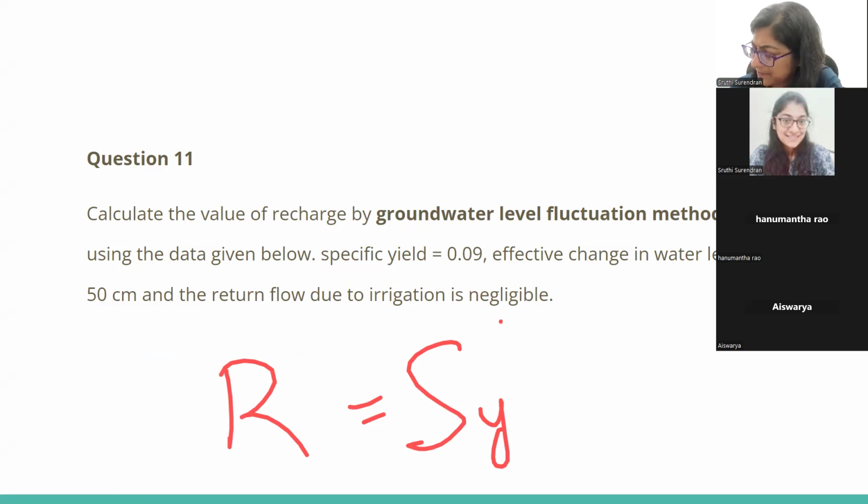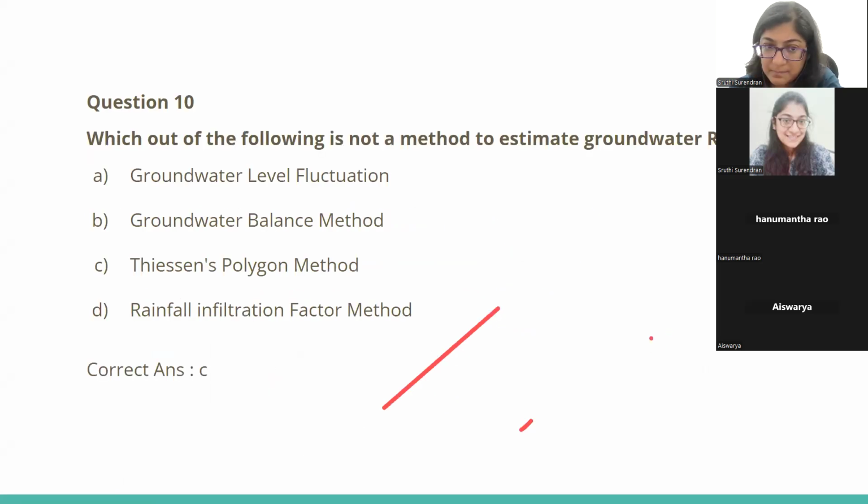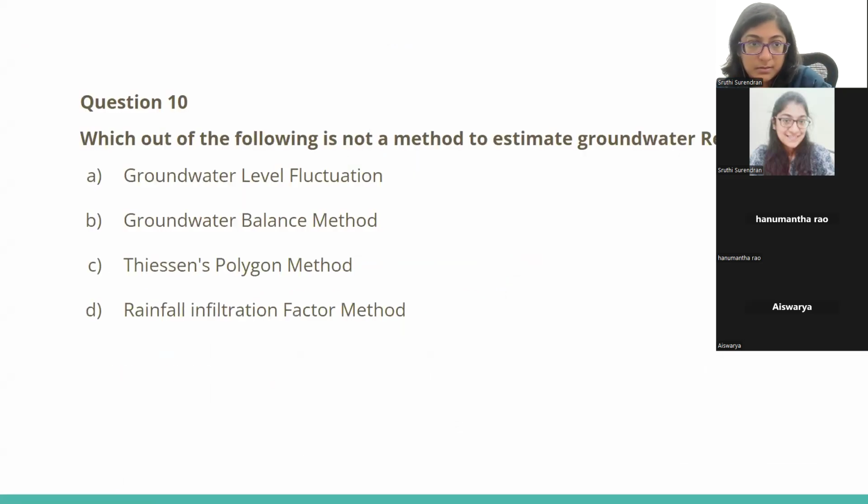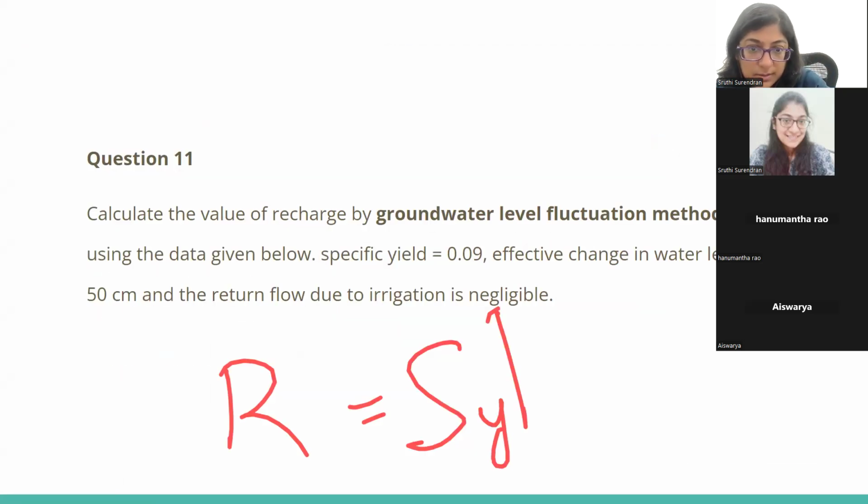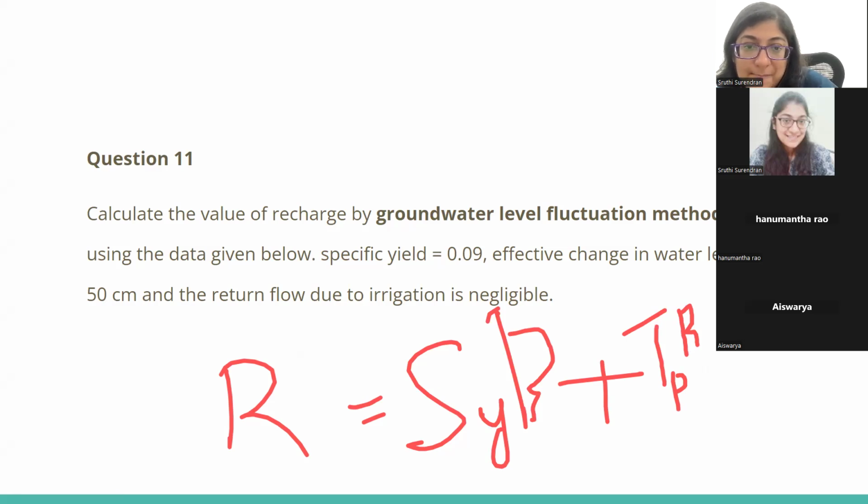It is depth plus TP into R, where R is the return flow due to irrigation, TP is the abstractions divided by the area, D is the depth, effective depth, and SY is the specific yield.